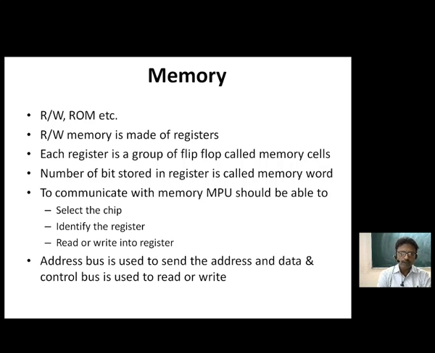And when these 2 are okay, then only the data bus will be used to carry the data from the processor to the memory, or from the memory to the processor. So for communicating with memory, the microprocessor requires the address bus to carry the address, the data bus to carry the data, as well as the control bus to do the reading or writing operations.